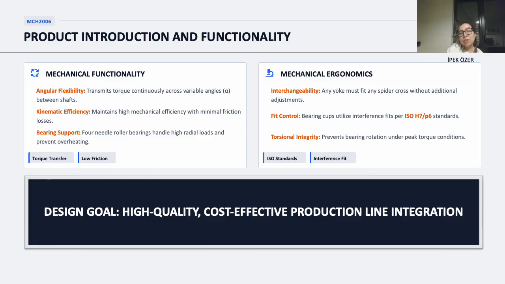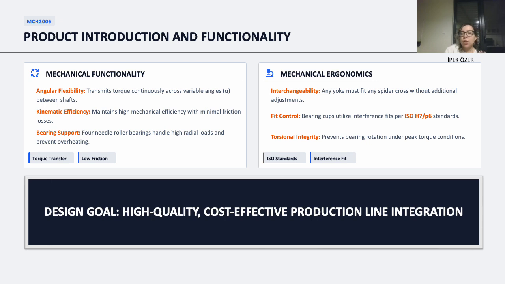Firstly, let's state our design goal and focus on that. Our design goal is to reach high quality and cost-effective production line integration. Regarding the mechanical functionality, our design allows continuous torque transfer across angles.